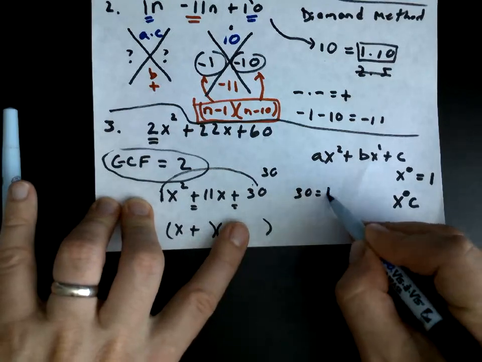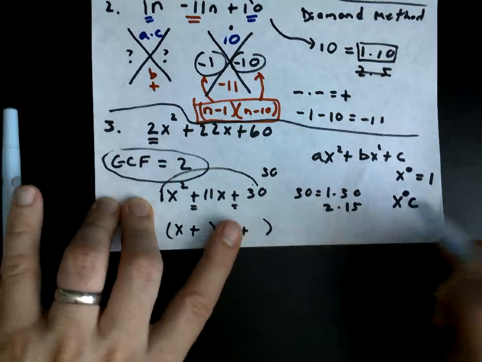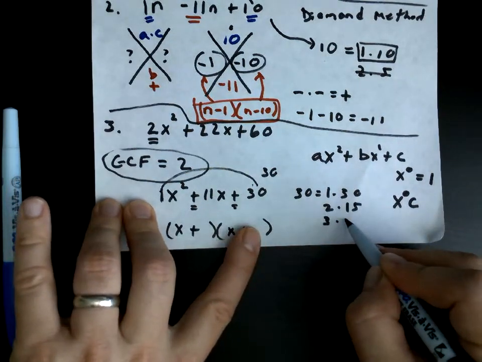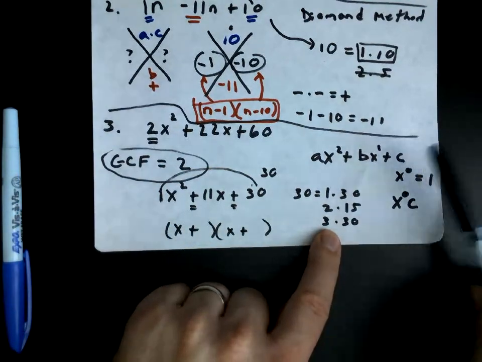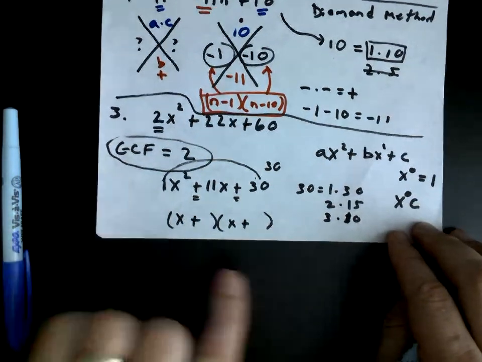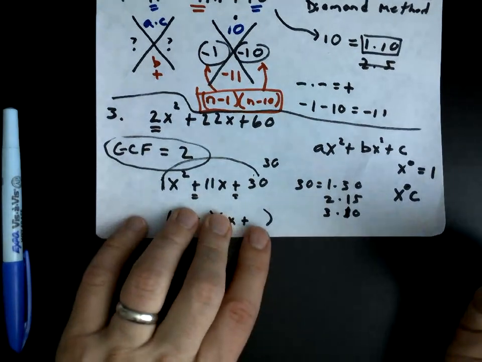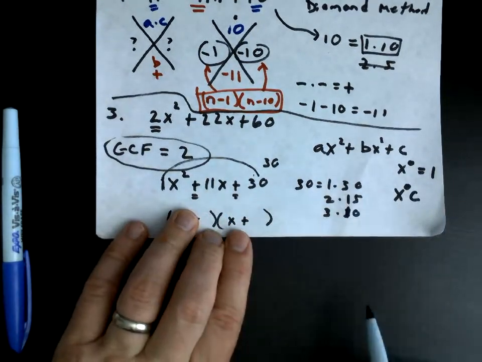So 30 is 1 times 30, 2 times 15. Let's see, what about 3 times 10? So that's a 10. Are we close? No, we still need to move on a little bit. We got to get 11, so let's take some more here. 4 does not go into 30, so 4 doesn't work.